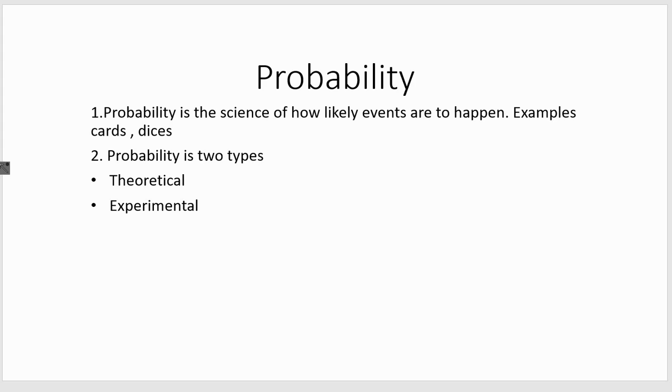The difference between theoretical and experimental is that theoretically we can easily calculate in the mind, but when we do the experiment, it can show a lot of difference. We find the experimental values by doing the experiment. I hope you all understand what probability is and the types of probability.